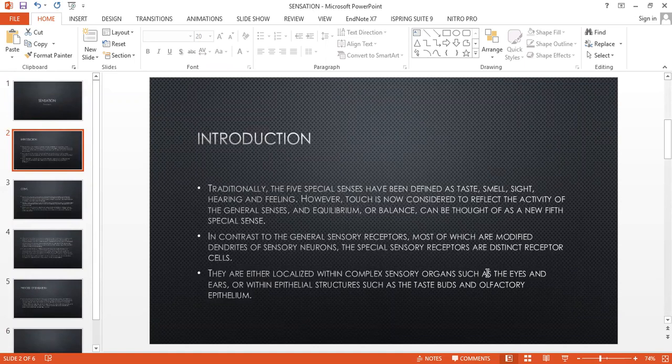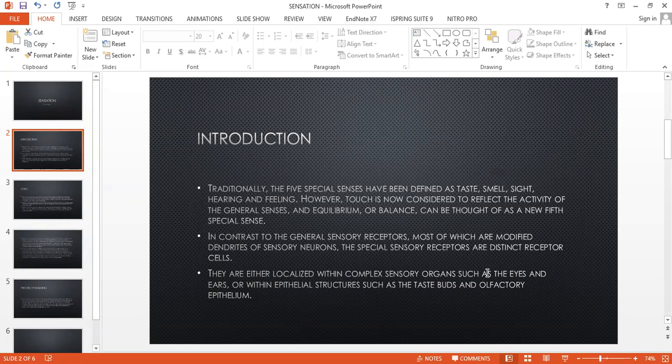sensation is basically traditionally the five special senses, which have been defined as taste, smell, sight, hearing, and feeling. However, touch is now considered to reflect the activity of the general senses, and equilibrium or balance can be thought of as a new fifth special sense. In contrast to the general sensory receptors, most of which are modified dendrites of sensory neurons, the special sensory receptors are distinct receptor cells.